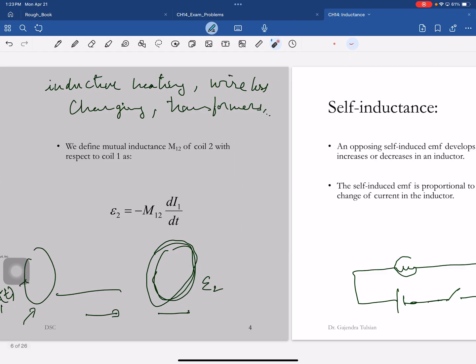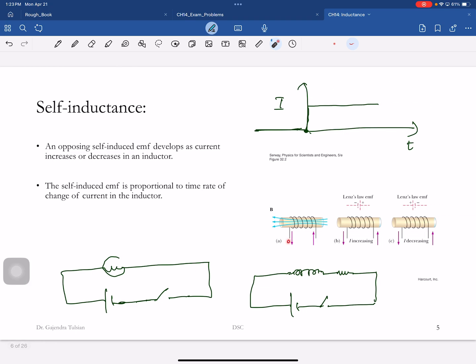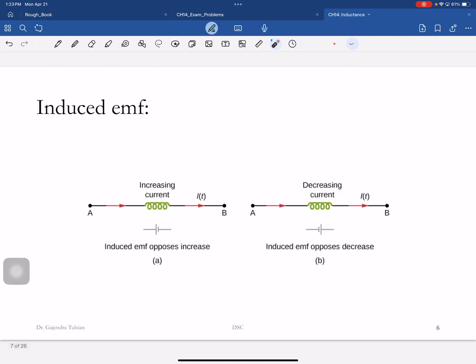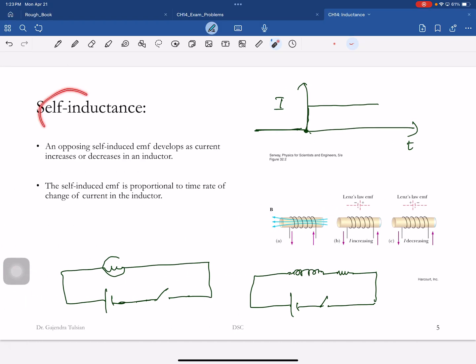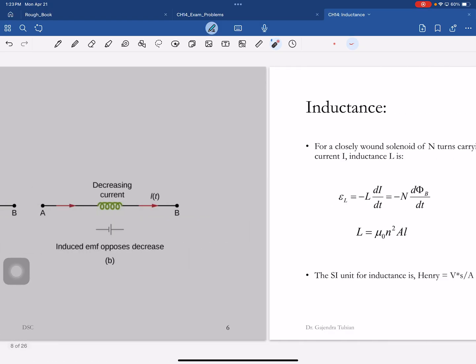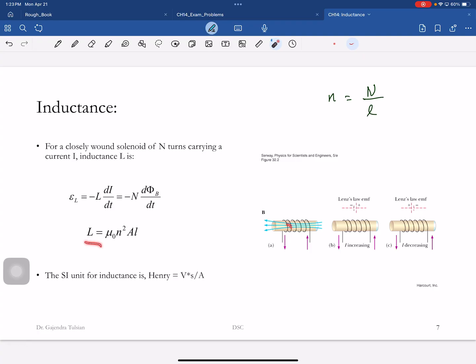You take a straight wire and wind it up into a solenoid like that. Now this acquires the property of fighting changes in currents. This doesn't like changes in current, and that's called the self-inductance of the coil. The self-inductance of a tightly wound coil is given by mu naught n square A l.